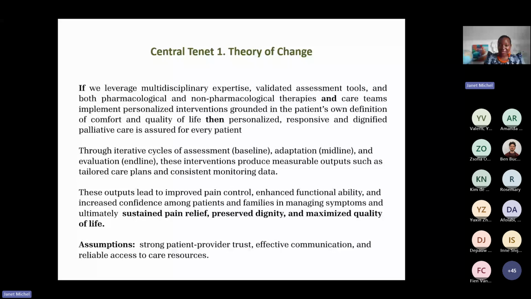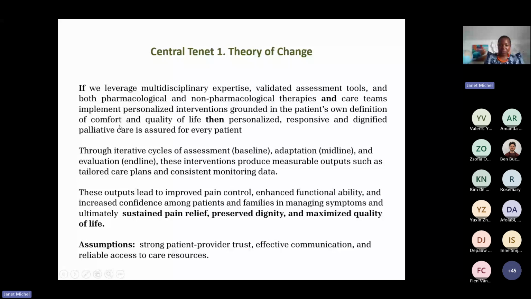So we have a theory of change, which can be a statement or a diagrammatic depiction, where we say, if we leverage multidisciplinary expertise, validated assessment tools, and both pharmacological and non-pharmacological therapies, and care teams implement personalized interventions grounded in patients' own definition of comfort and quality of life, then personalized, responsive, and dignified palliative care is assured to every patient.